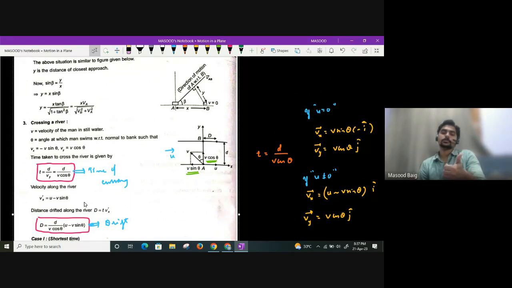What is the time of crossing? Which component is helping the object to cross the river? Then what is the drift generally? There you have two cases again: shortest time and shortest path. Shortest time will be theta value 0. For shortest path, drift value should be 0, or sin theta value should be u by v. Clear?